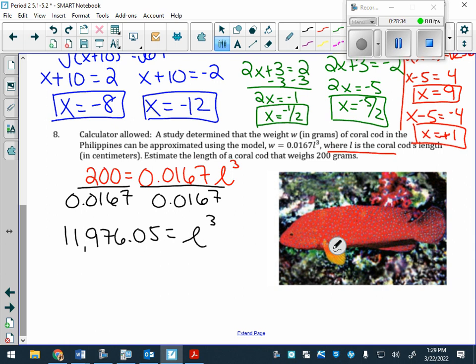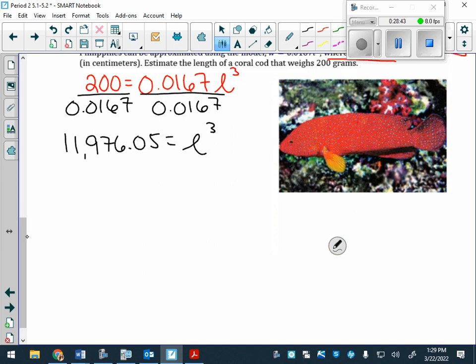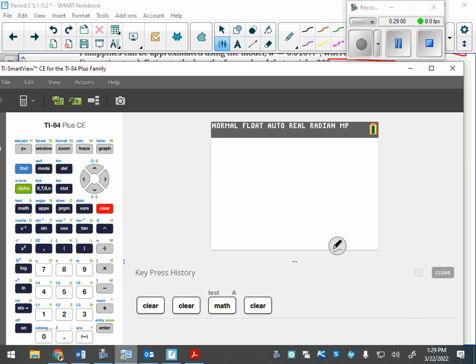All right, L cubed. Now what do we do? How do we get L by itself? Asad? Take the cube root of both sides. Once you take the cube root, you could find that in your calculator if you go to math, then number 4, which gives you the cube root.